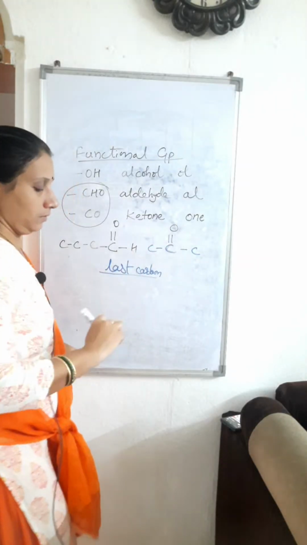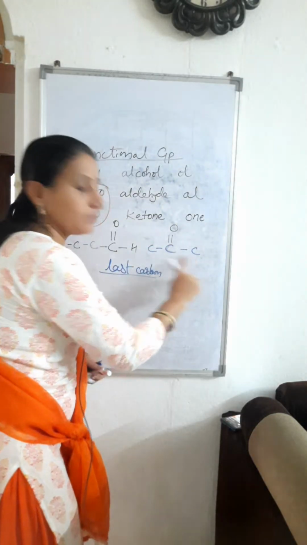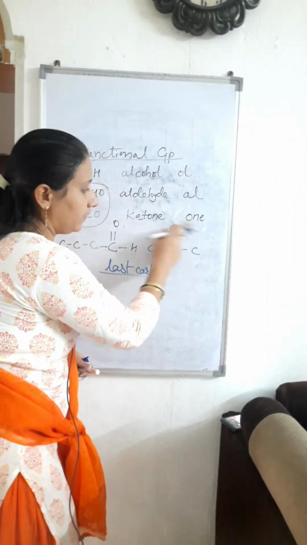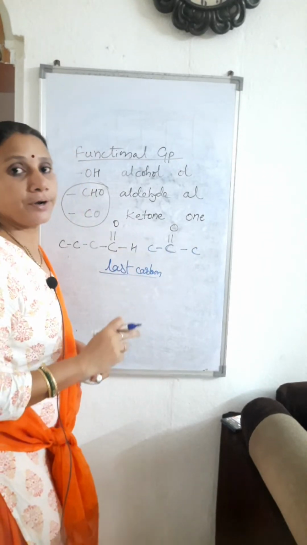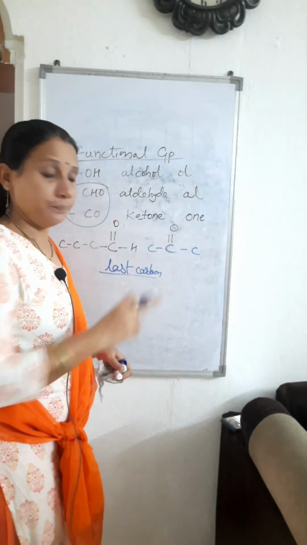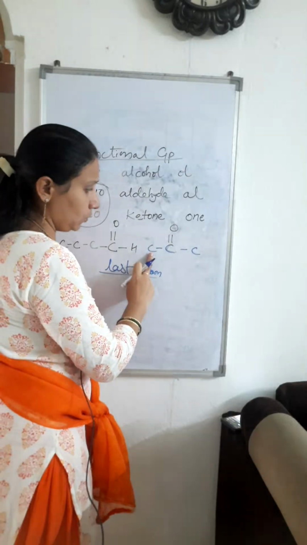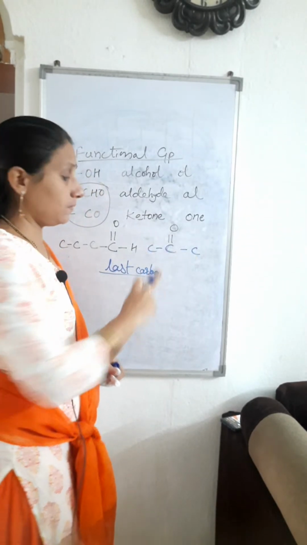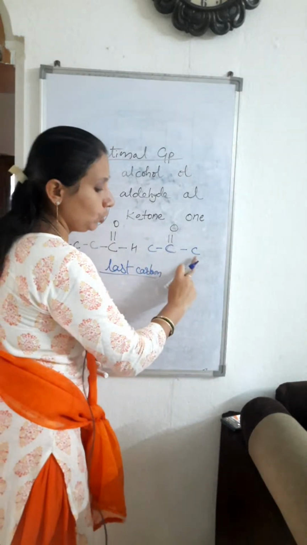So if we consider the first member of the ketone derivative, the first member is propanone. How do you know that it is propanone? First, I told you to count the number of carbons. Here how many carbons are there? 1, 2, 3.